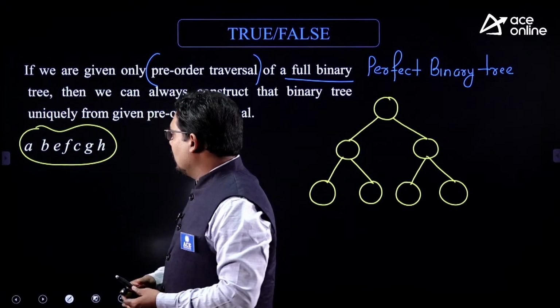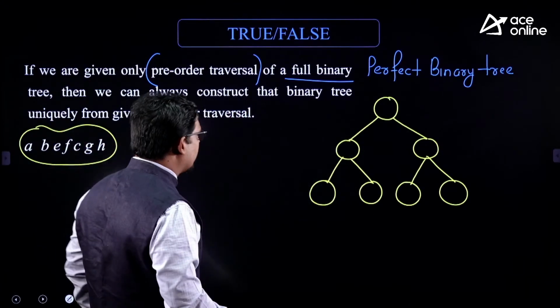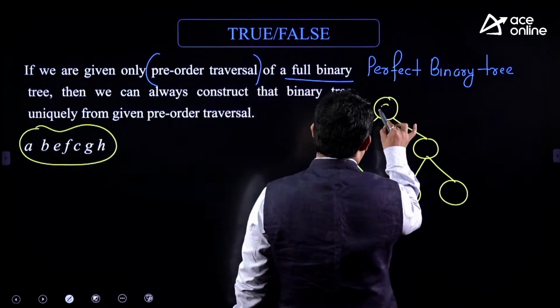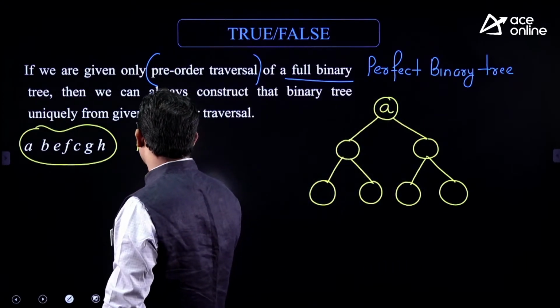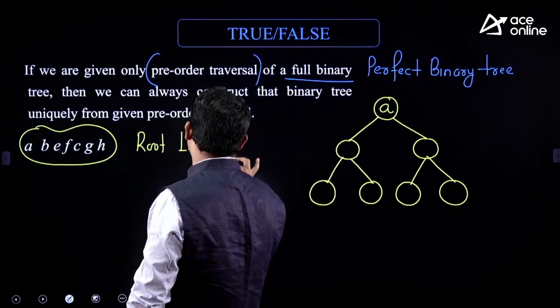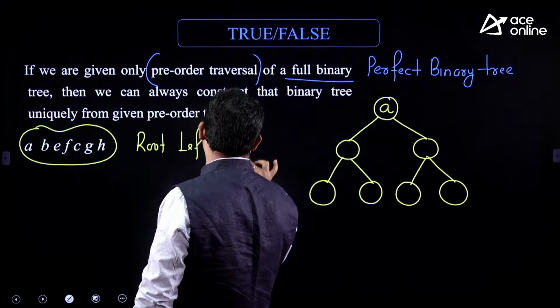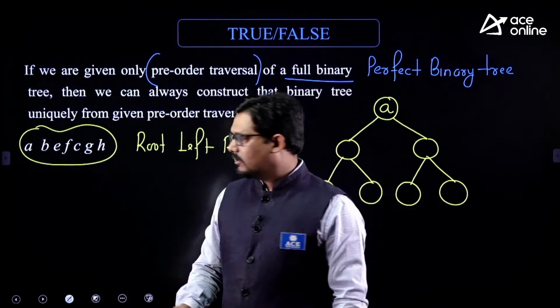How? Now I know that this is a full binary tree and A is the root. You cannot deny this fact: root, left, and then right. So A is the root here.